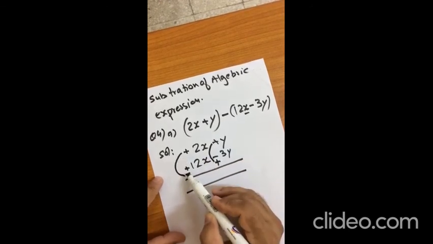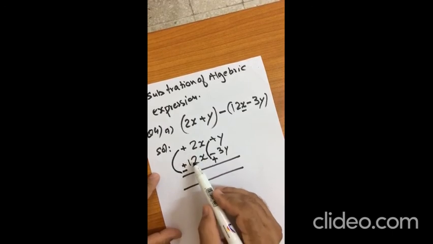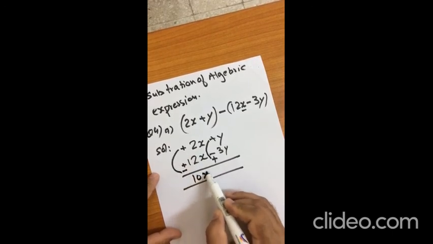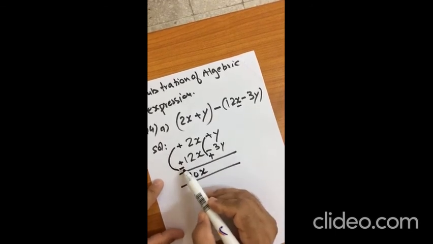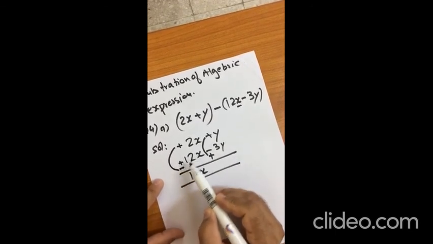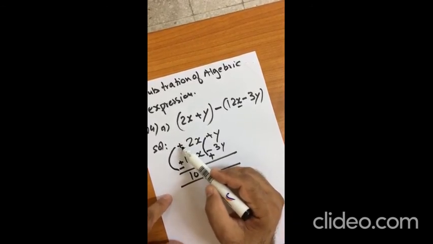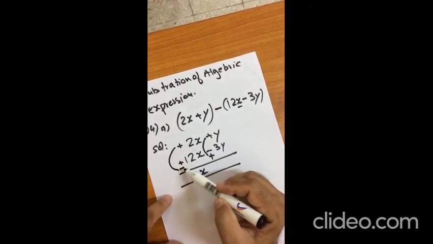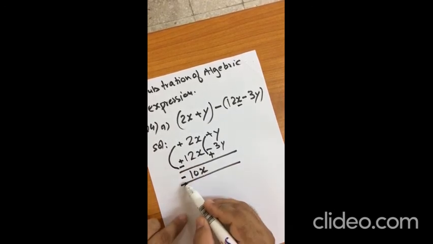So plus minus minus, you do the procedure minus. 12 minus 2 is 10, and after this it's important to put a sign. Now the plus sign is finished for the 2, and the minus sign is for the 12. Now you need to check which is greater, plus 2 or minus 12. Of course, minus 12 is greater, so we put the minus sign here.